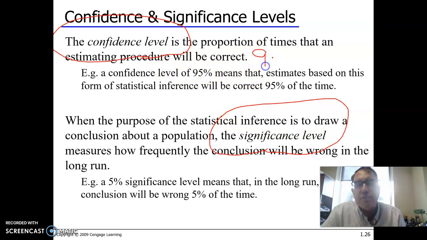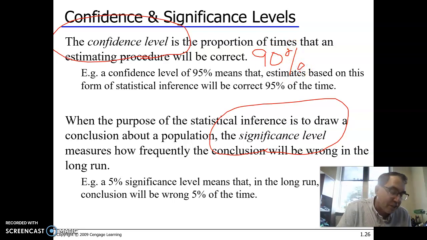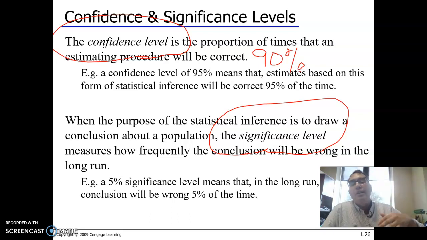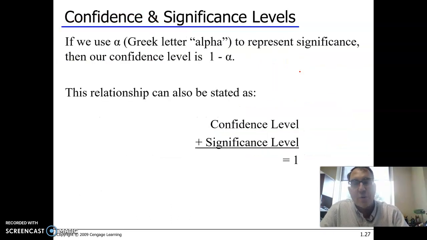In the world of statistics, it better be 90% or higher or we don't use it, okay? So if confidence level is 90%, significance level is 10%. If it's 95%, significance level is 5%. These always add to 1. We denote it as 1 minus alpha, the Greek letter alpha is the symbol for significance level.